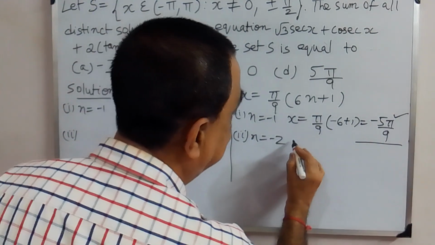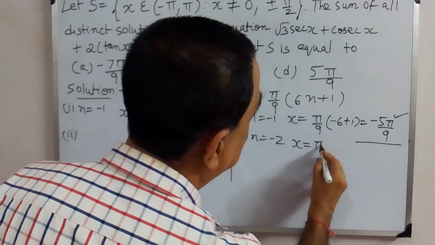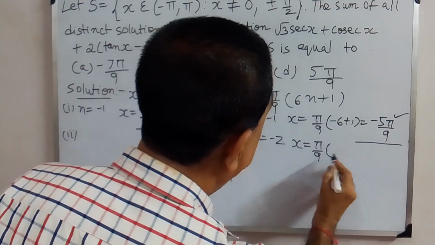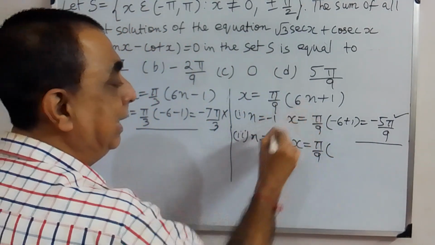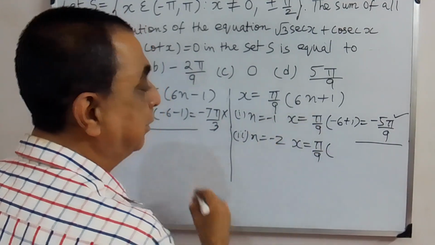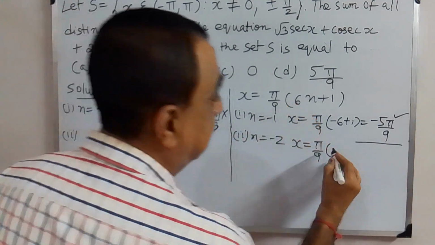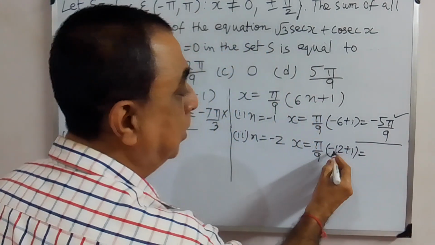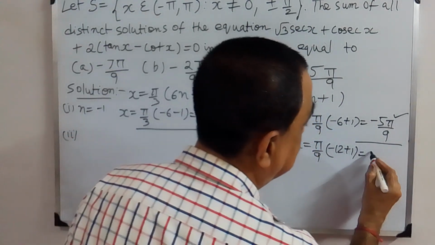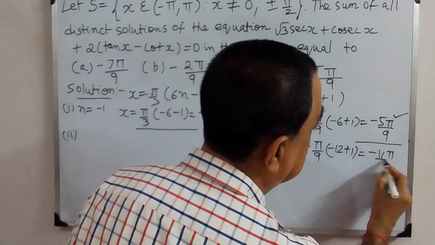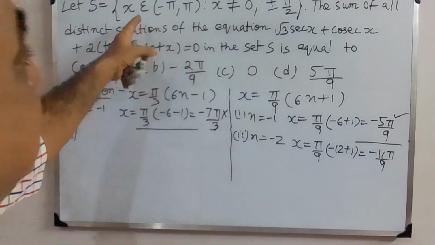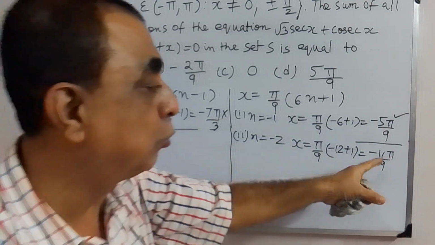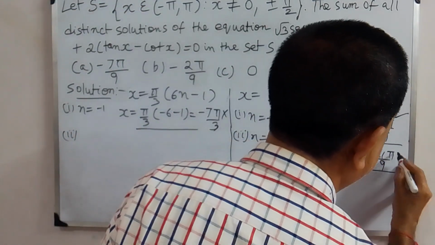So what value of x are we getting? This will be pi by 9 into, n I am putting minus 2. So 6 into minus 2 will be minus 12. So this will be minus 12 plus 1, which is minus 11. So minus 11 pi by 9, which is smaller than minus pi. So this is out of range. So we will not accept this.